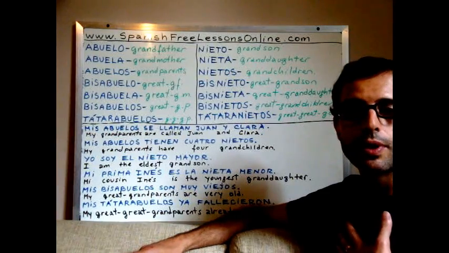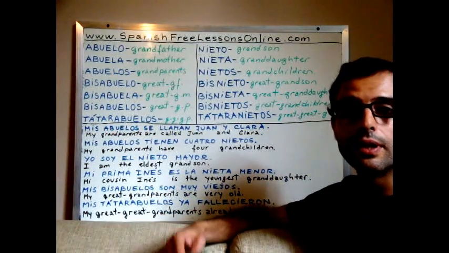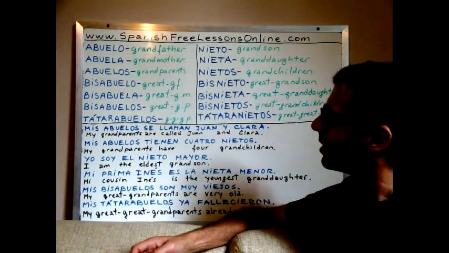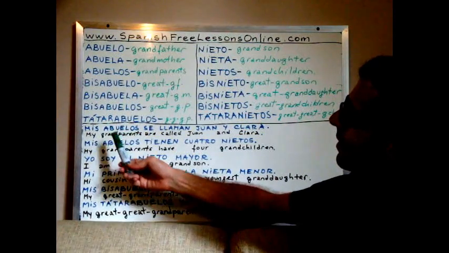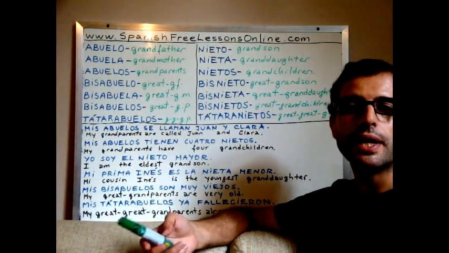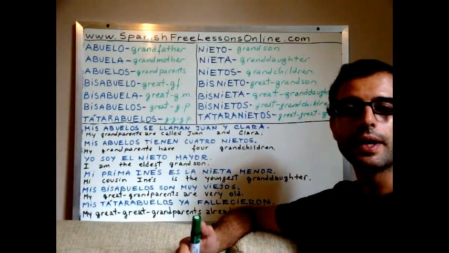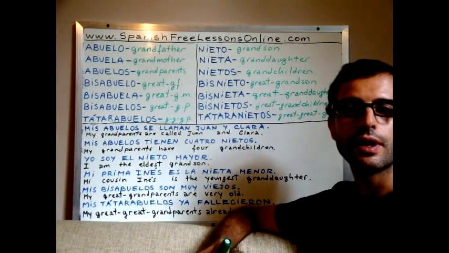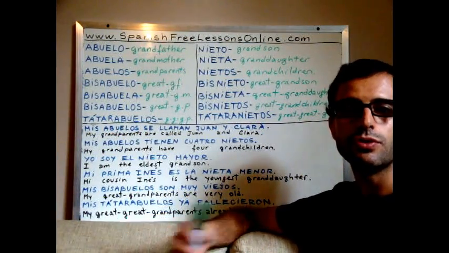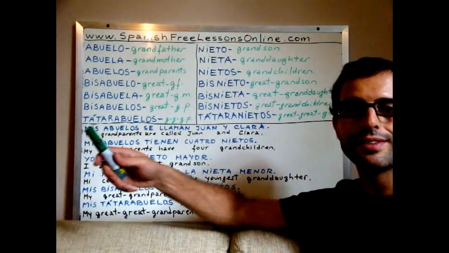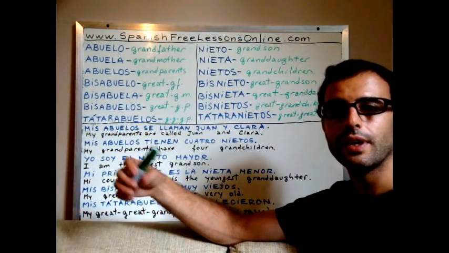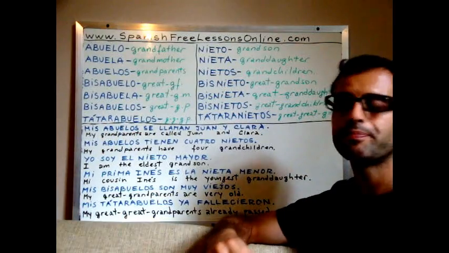Yo me llamo, I am called, or my name is, right? If we want to say my name is Juan, we would say I am called Juan. That's how you say it in Spanish. Yo me llamo Juan. Él se llama Juan. He is called Juan, okay?